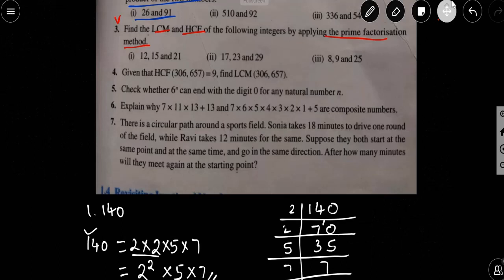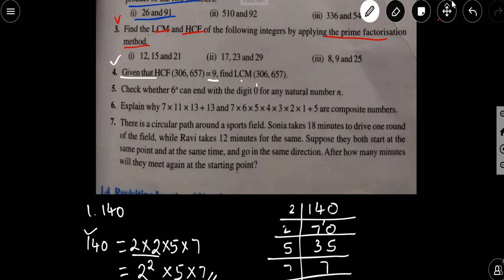So if you see this next problem here, the problem number 4. Okay, so 4, what is given? Given that HCF of 306 and 657 is equal to 9. They have given two numbers, so they have already given HCF is equal to 9. Then he has told you to find LCM for the same numbers, that is 306 and 657.